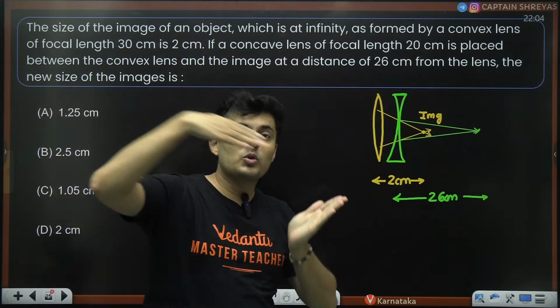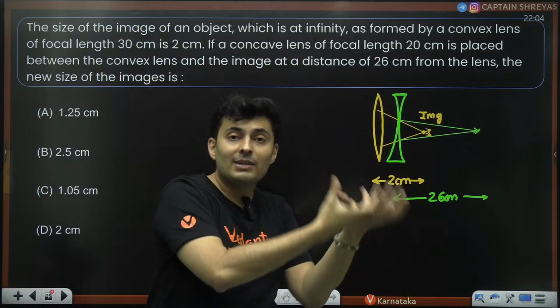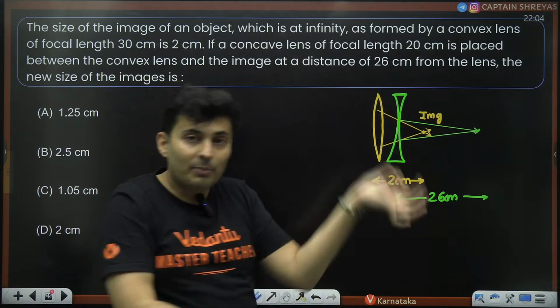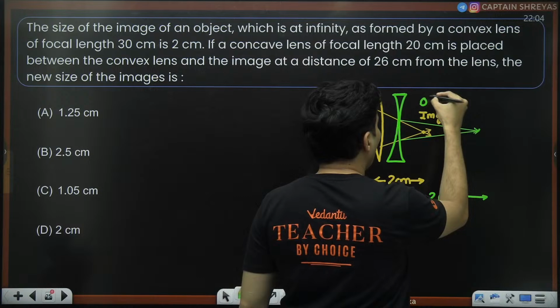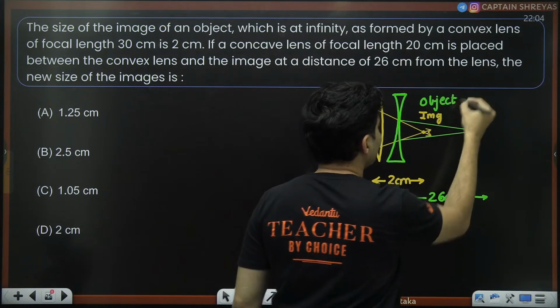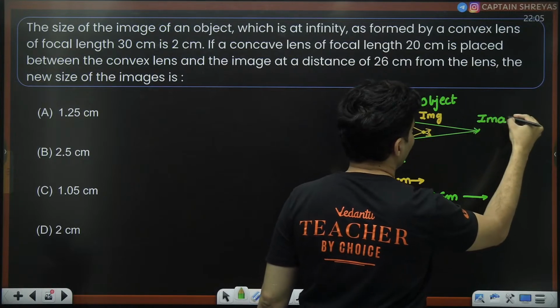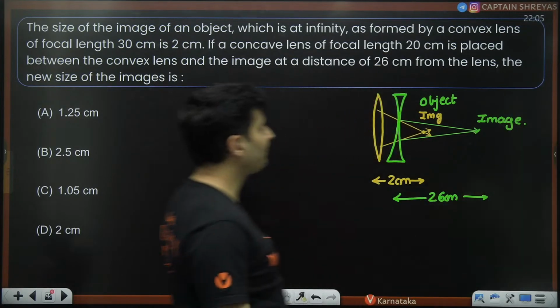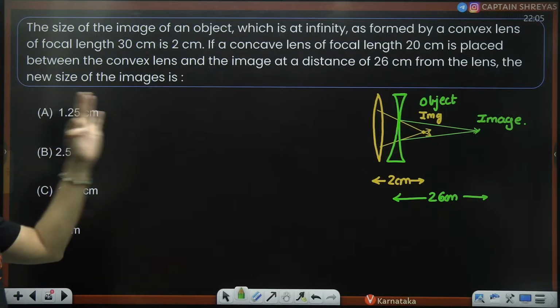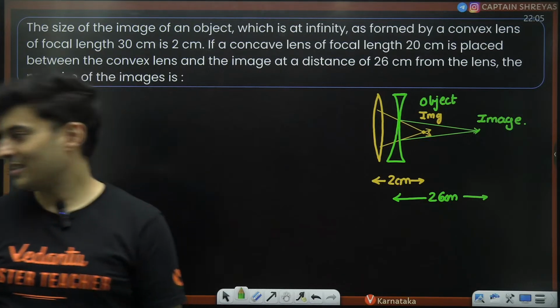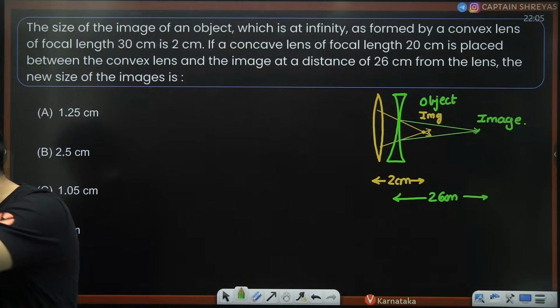Wherever the rays were supposed to meet, that point will now become the object for the concave lens, and where the rays actually end up meeting will become the final image location. That is what the thing is. Is this absolutely clear, my dear warriors?